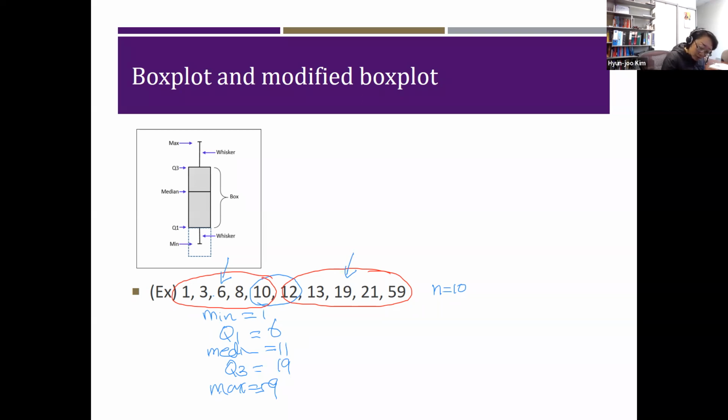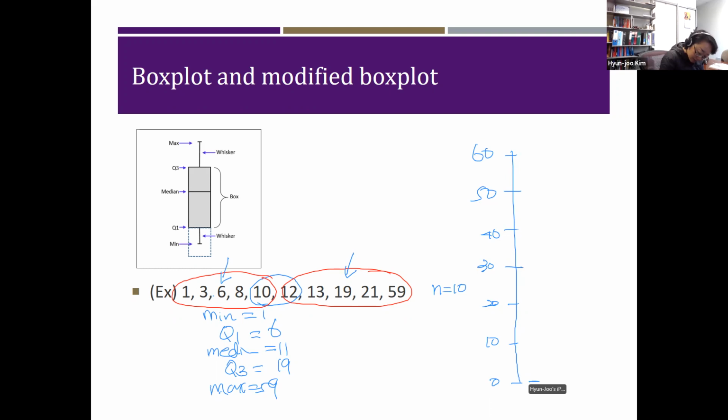So from these values, if you draw a box plot to scale, you can actually do it horizontally or vertically. Let's do it this way. So here's your 0, 10, 20, 30, 40, 50, 60. The minimum value is 1, so it's somewhere over here, right above your line.